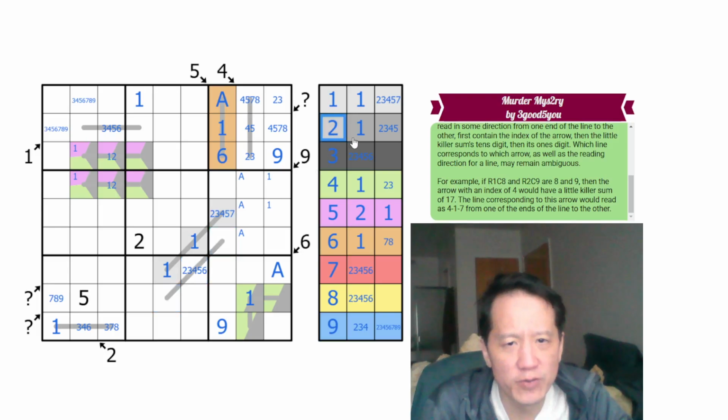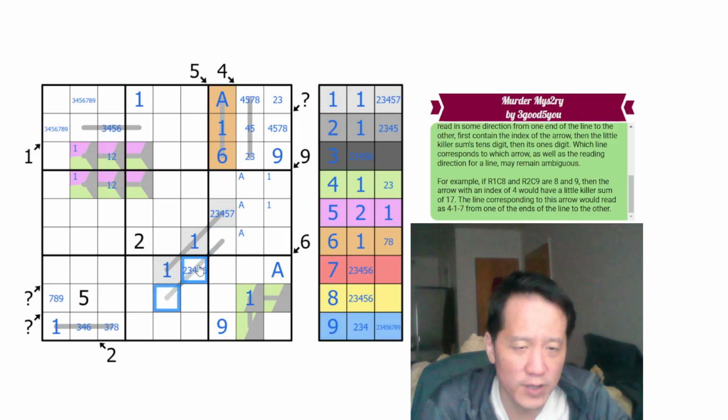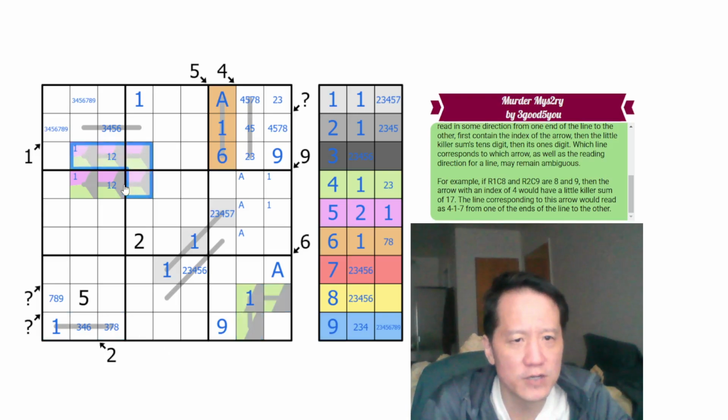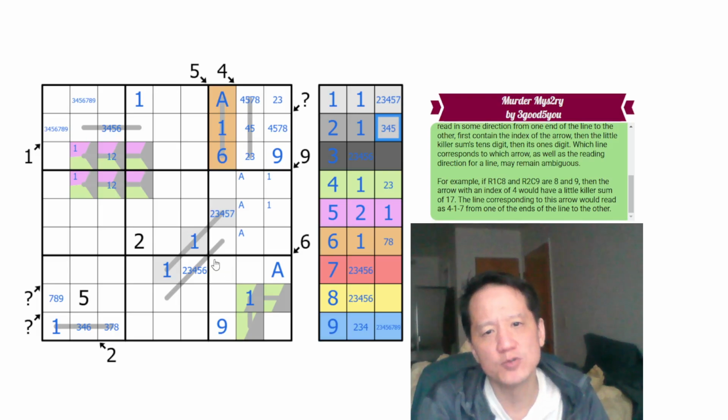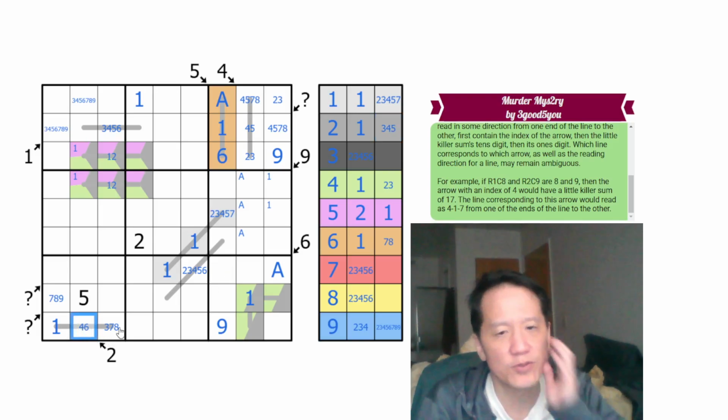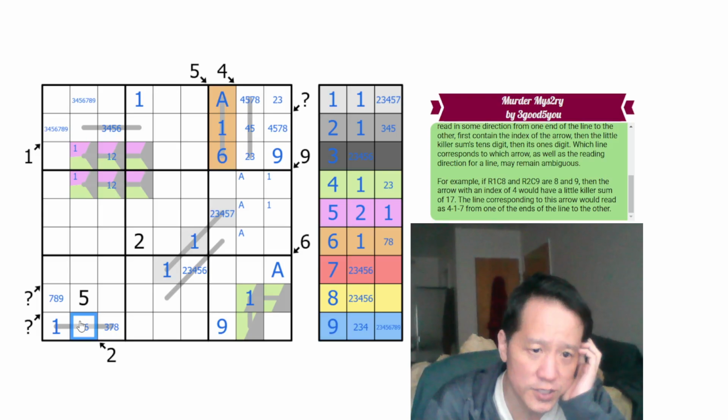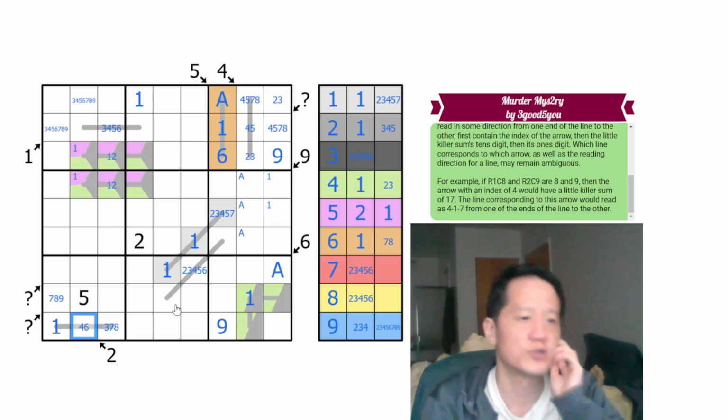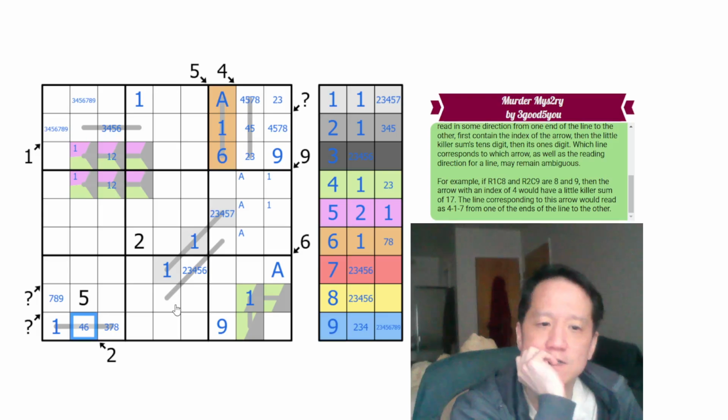Well, it couldn't be, right? Because it would have to be 2, 1, 2. And this can't be 2, so that can't be 1, 2 here. These see each other, so therefore it cannot be 2, 1, 2. None of these can be 2, 1, 2. So it cannot be 12 then even. So this can't be 3. So this is 4 or 6. So it's 41 or 61. Interesting.